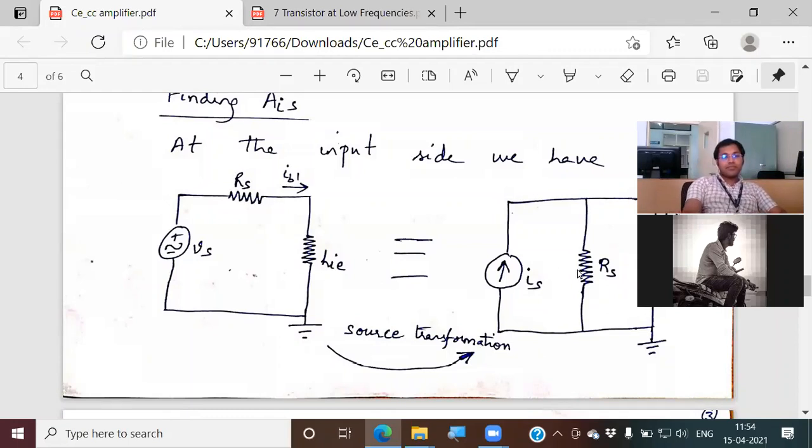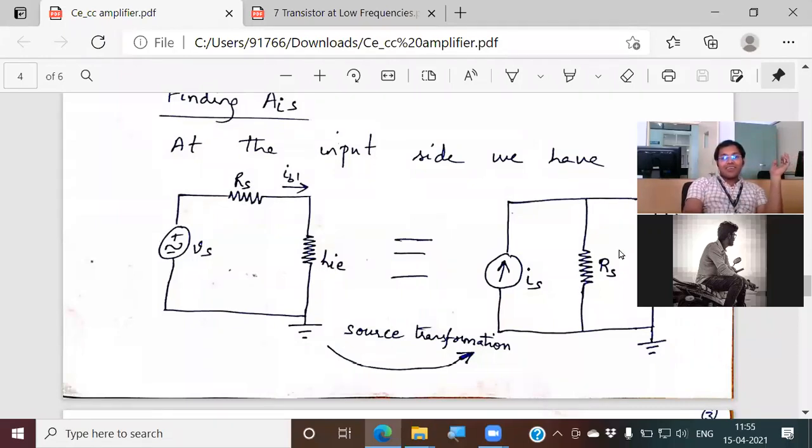IB1 is equal to IS into RS divided by the sum of the two resistors. So, IB1 will be IS into RS divided by RS plus HI. Total current into other resistor.